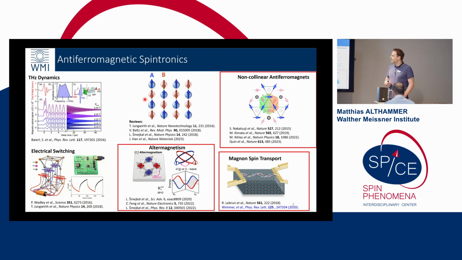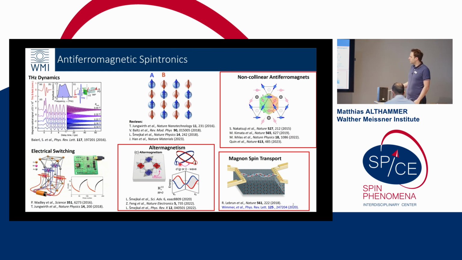You then harvest the properties here, especially the fast dynamics in the terahertz regime that you can investigate due to the magnetic excitations inside the antiferromagnet. One of the important milestones was showing that you can also electrically switch antiferromagnetic systems, so you can influence the order parameter in these systems.